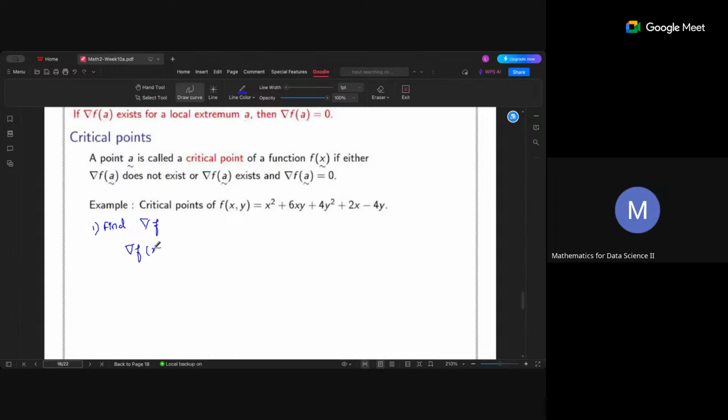What is your del f? 2x plus y plus 2, and then x plus 8y minus 4. Now the second step: equate del f equal to 0 and solve.